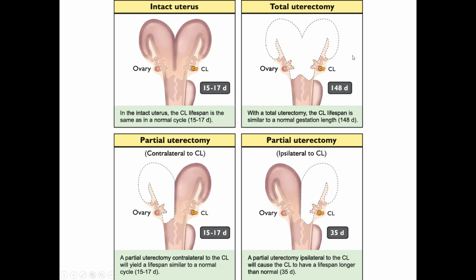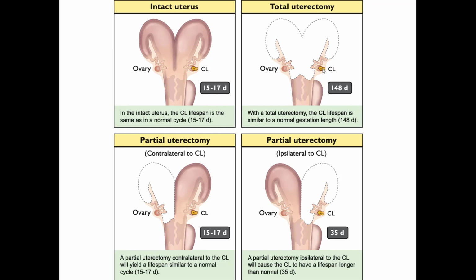Now, if we were to do a complete hysterectomy, meaning we take out all of the uterine tissue, the uterus as well as the uterine horns, and that CL was still on the right ovary, we would find in this sheep study that the total hysterectomy extends the life of the CL to what would normally be a gestation length in the sheep, about 148 days. That CL wouldn't regress on its own without a uterus in place for 148 days.